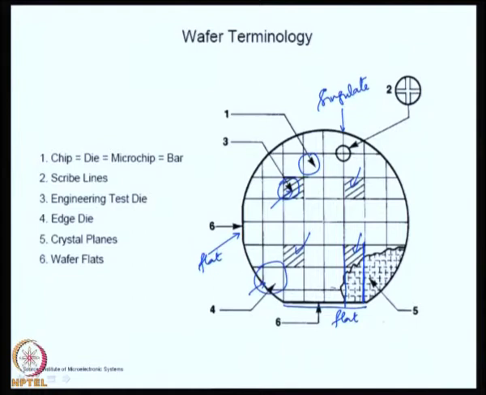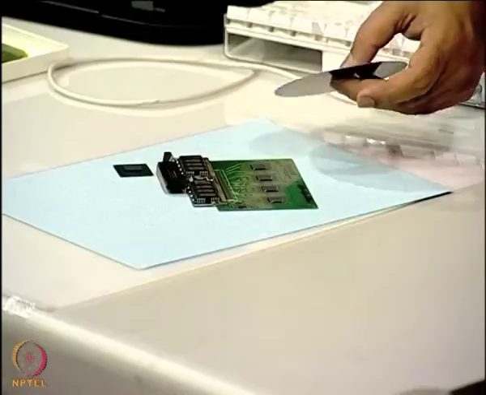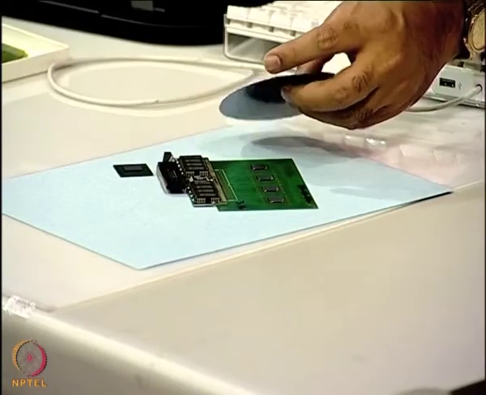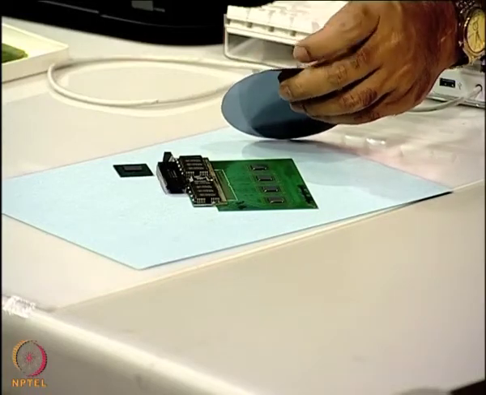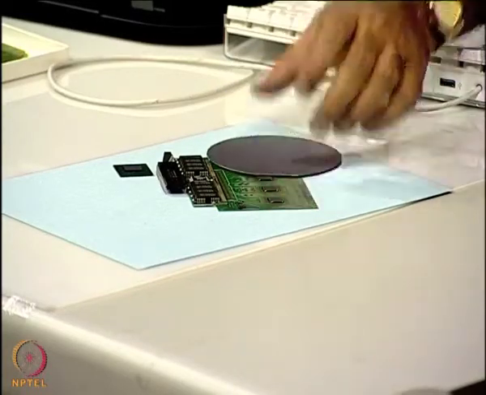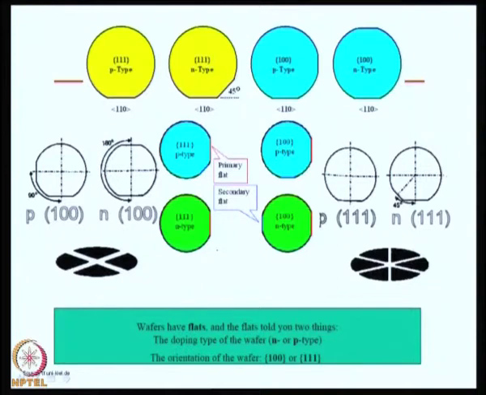If you look at any wafer here, there will be a section where there is a flat. The flat indicates a lot of things. First of all, if you have a flat like this, it indicates that it is a p type material, and the arrangement is a 1-1-1 type. Similarly, a wafer can have secondary flats.